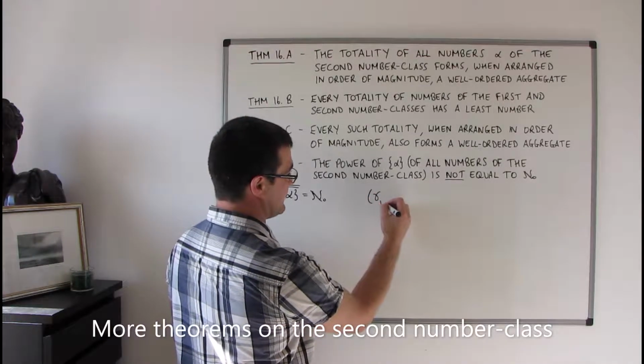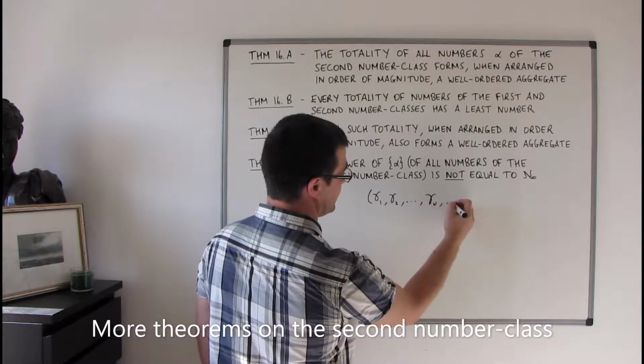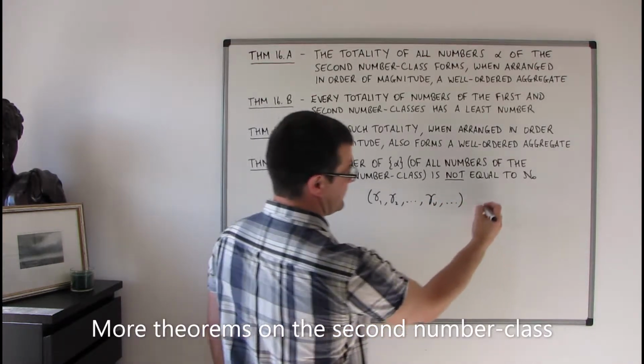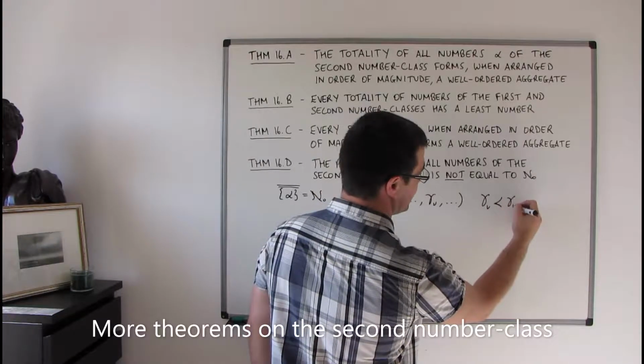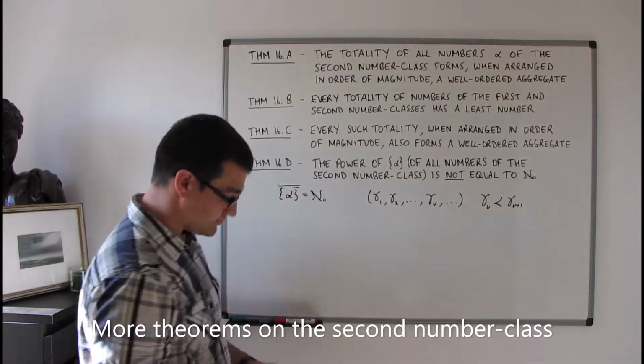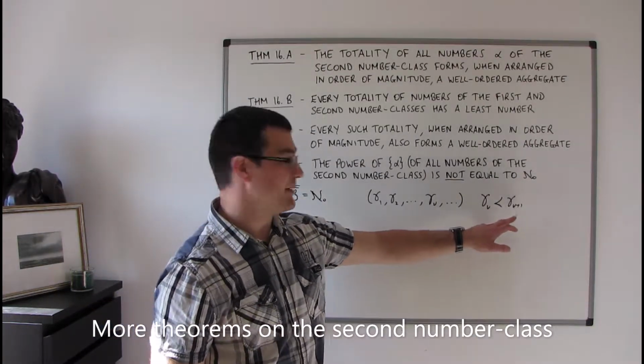So effectively gamma 1, gamma 2, gamma nu, etc., where gamma nu precedes gamma nu plus 1. Notice that I'm not saying that gamma nu is less than gamma nu plus 1.